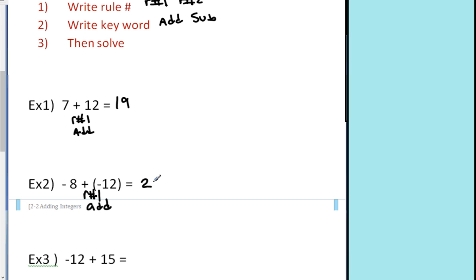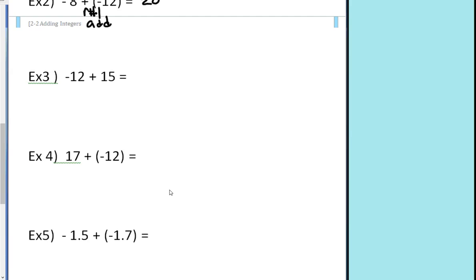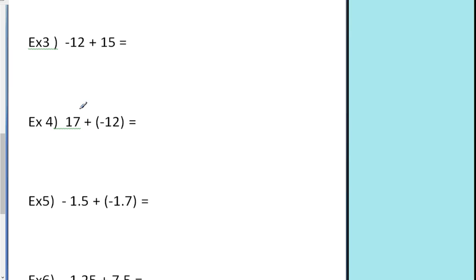So you write 20, but be careful here. Red chips plus red chips don't magically turn into yellow chips. Red chips plus red chips make more red chips, so it's -20. All right, next problem. Negative 12 plus 15. These are red chips. These are yellow chips. That means they're different signs. That makes it rule number 2.